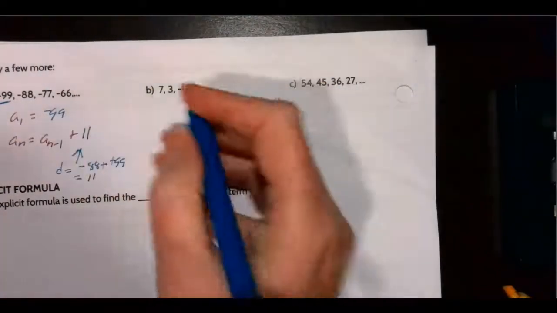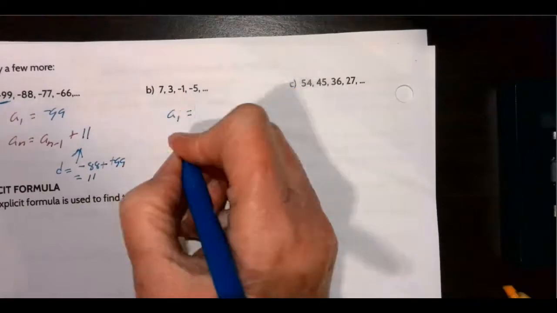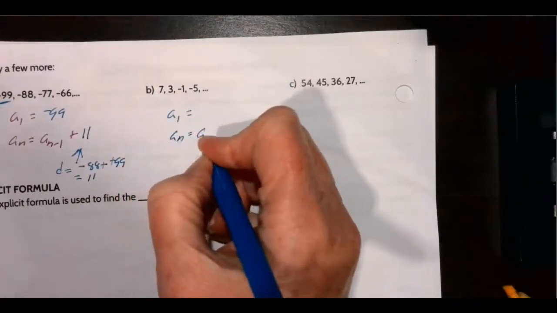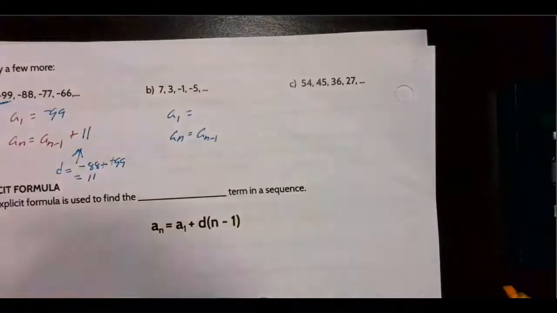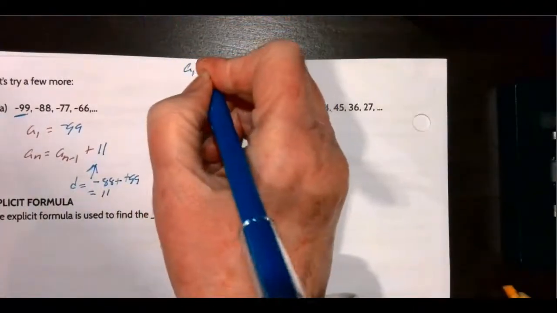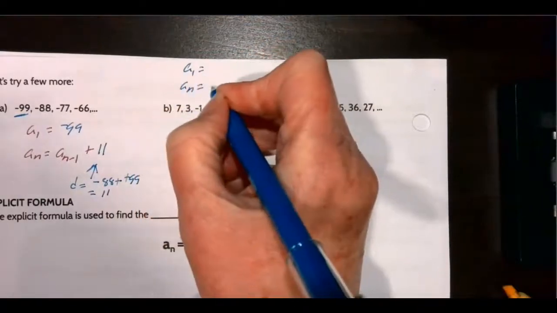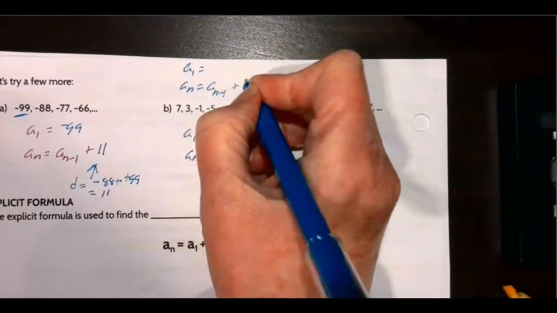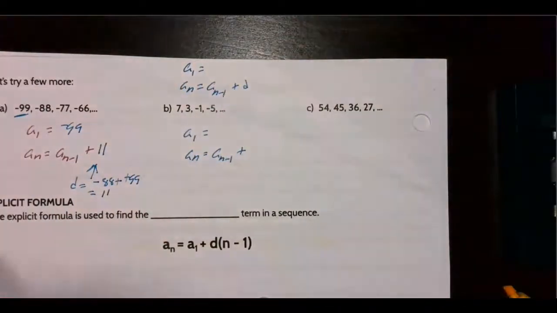Hopefully you've done that. So we're going to go a sub 1. What is that? A sub n is equal to the previous term, a sub n minus 1, plus d. I'm going to write that up here: a sub n is equal to a sub n minus 1 plus d, and d is that common difference.